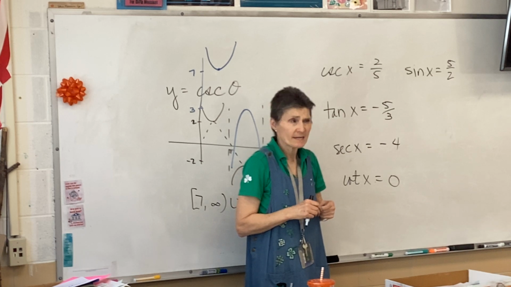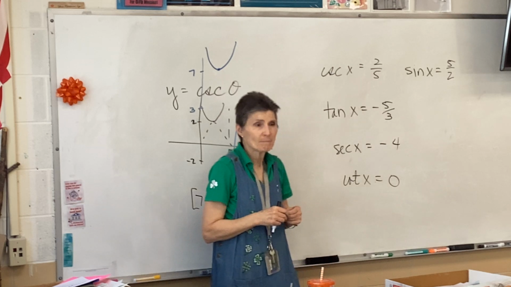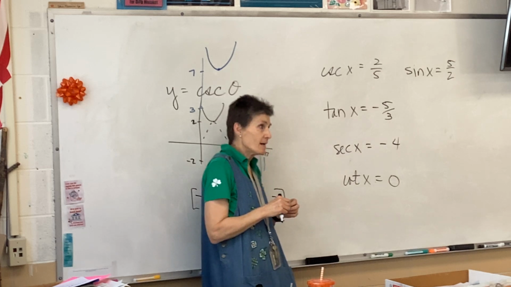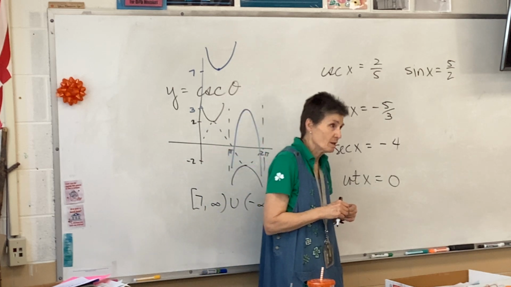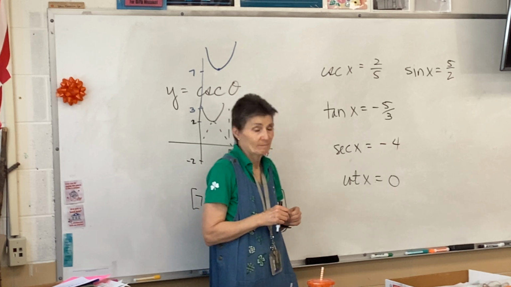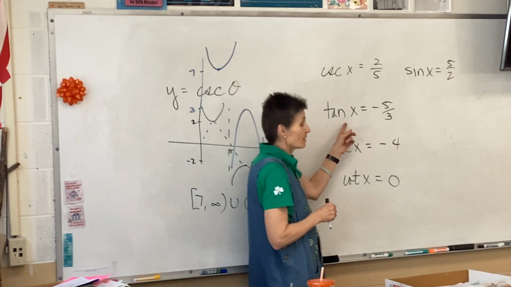And can sines be 5/2? No, sines can't be bigger than 1. And if sines can't be bigger than 1, cosecants can't be less than 1. And the same is true of the cosine and secant. There's nothing wrong with this.